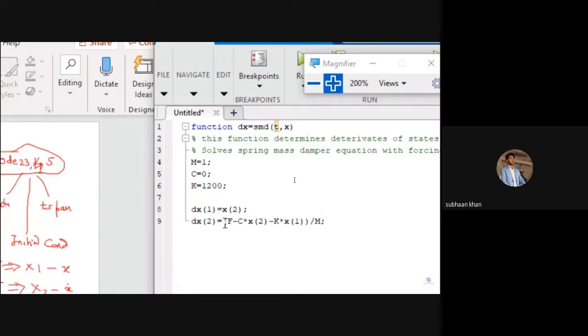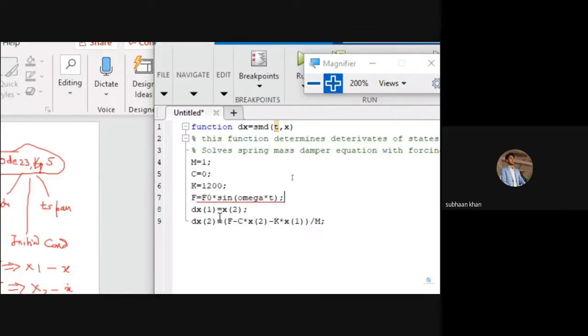And then F is a forcing function. Normally, when we do a vibration analysis, we carry out a harmonic analysis. I have to have an equation that is F zero into sine of omega into t.